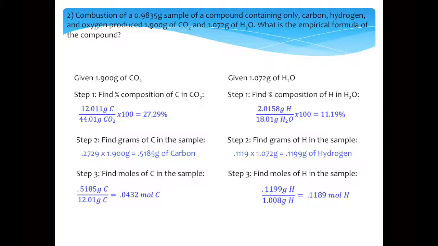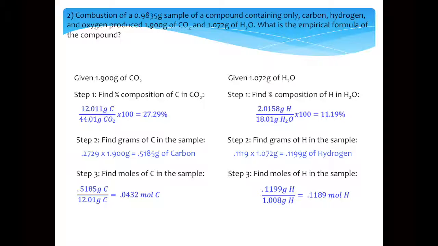Since there are 1.072 grams of H2O in the sample, we begin by finding the percent composition of H in H2O. We divide 2.0158 grams of hydrogen, because there are 2 hydrogens in H2O, by 18.01 grams of H2O, and multiply our answer by 100 to get 11.19%. Then we find the grams of H in the compound.